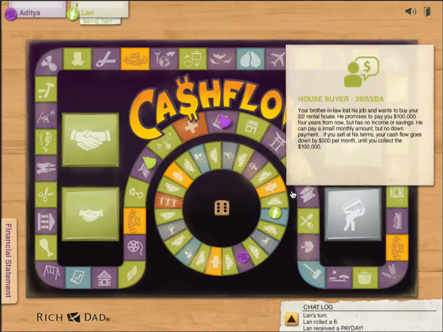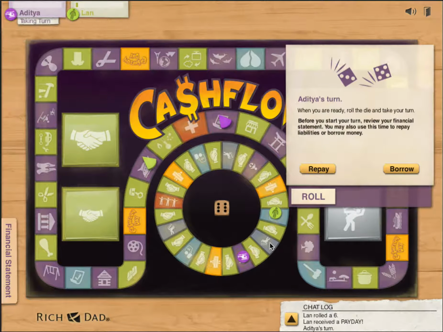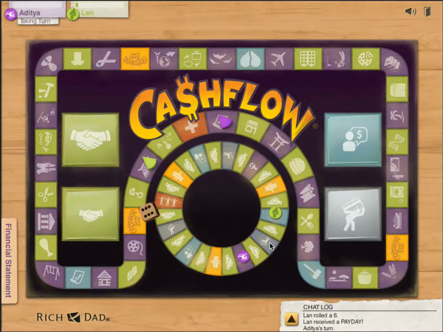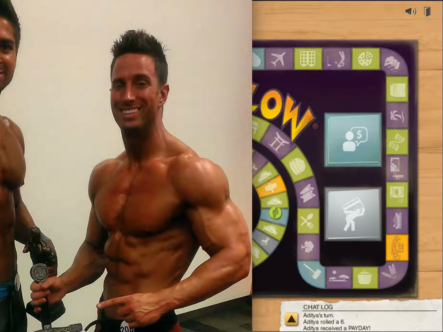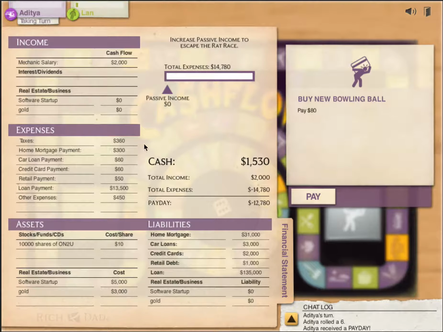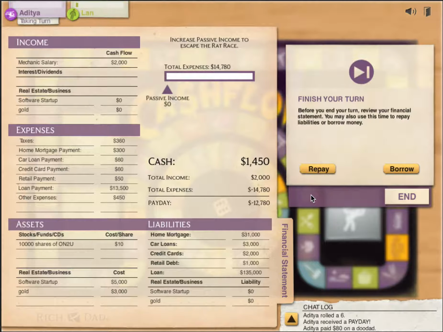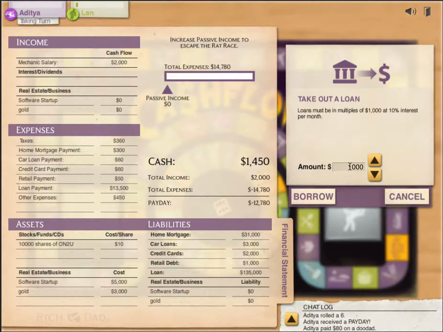So our opponent found a house buyer, which we don't really care about. Let me go ahead and roll. And we'll go ahead and pay that, and then we're going to go ahead and borrow to make sure that we have more cash than our payday.